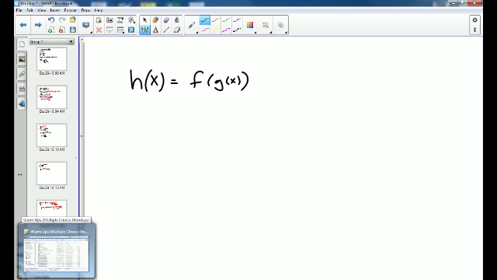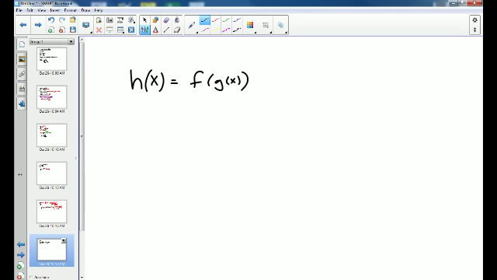If you have a composition of functions, what's the outside here? You're going to have to think conceptually. Sometimes we throw these things at you. F is outside, correct?